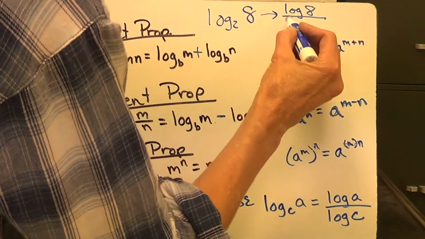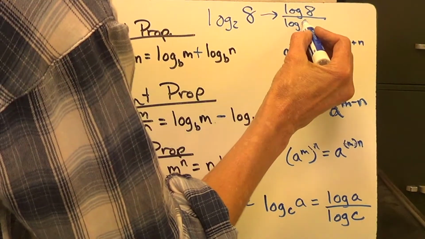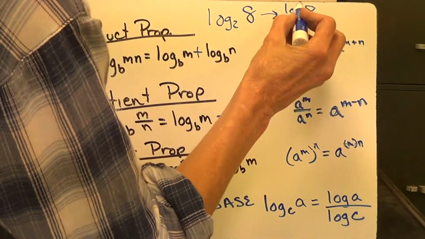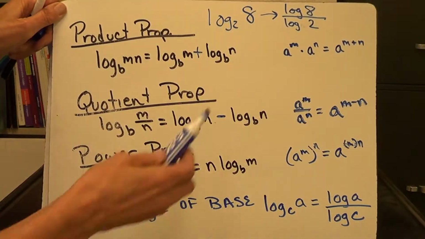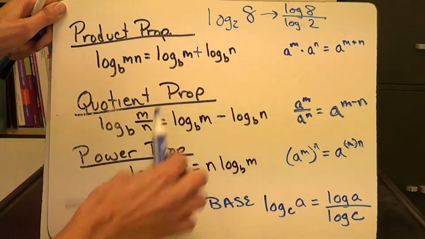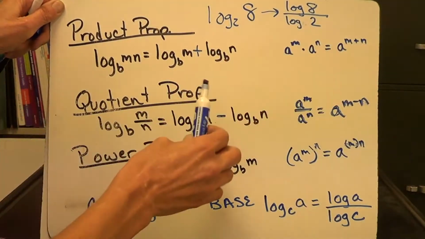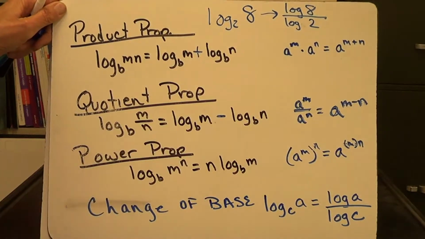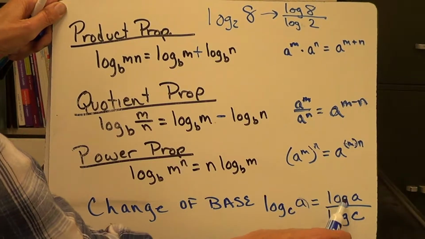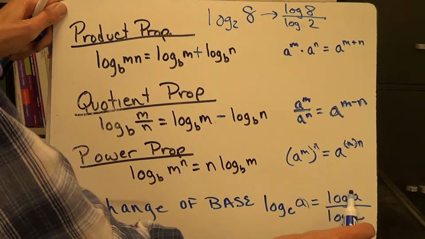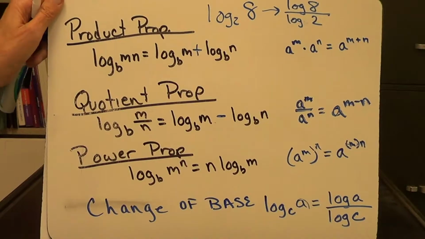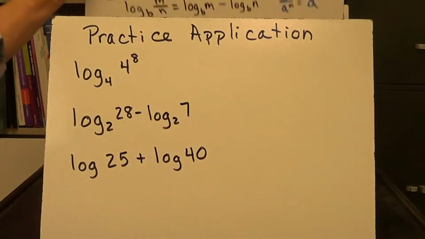Log 8 over log 2, the base number goes on the bottom. And now you've converted them to base 10, so you can put them in a calculator. Just put in log 8 divided by log 2, and you will end up getting 3, which is our answer to that. Anytime you have a log this way and you need to get it in a calculator, just convert it with the bigger one on top, the base one on the bottom, and it'll convert to base 10. It's really handy to have.